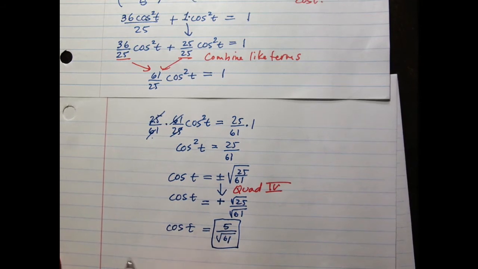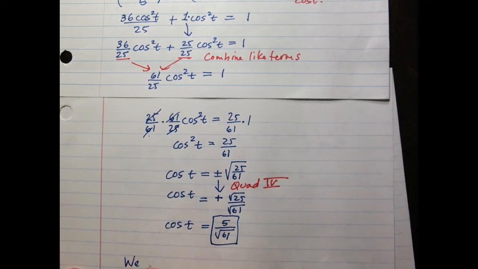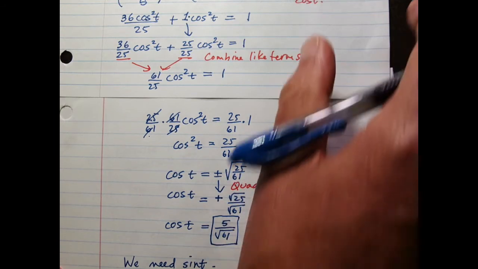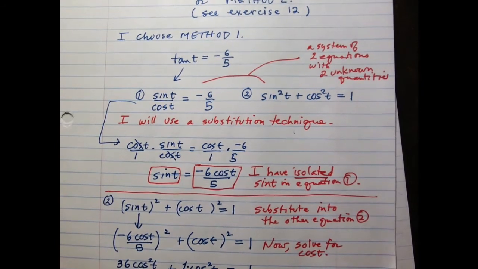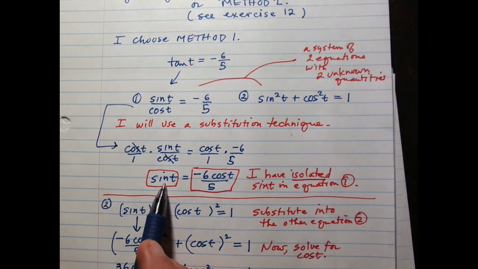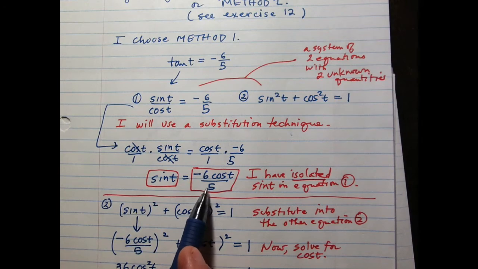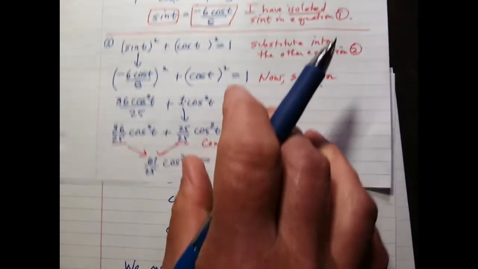We still need sine, because the question asked us to find both sine and cosine t. So I can take any relationship with sine earlier on in the problem. I'm going to use this: sine t is negative 6 cosine t over 5.